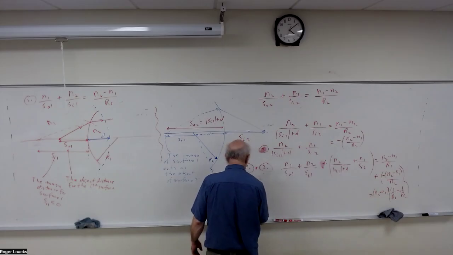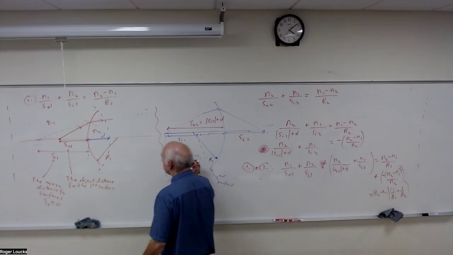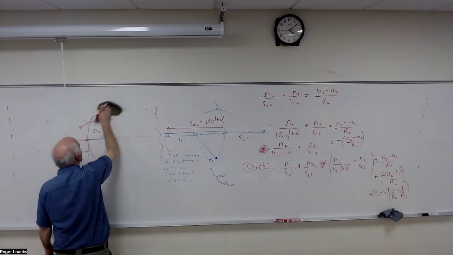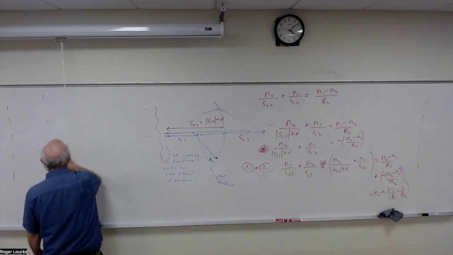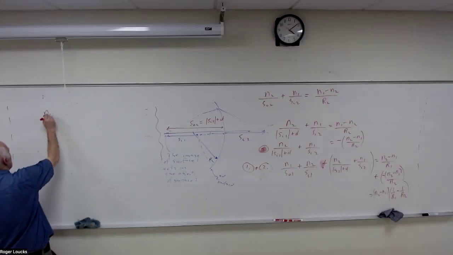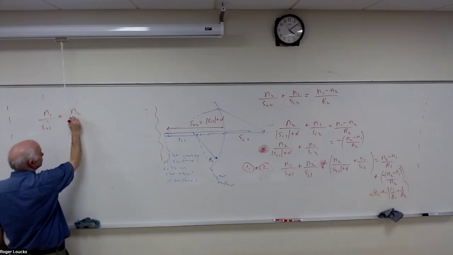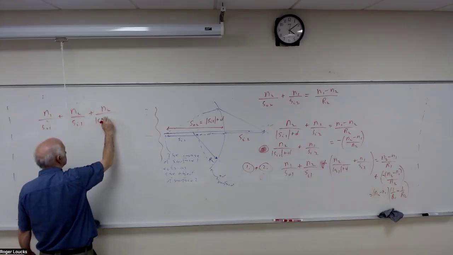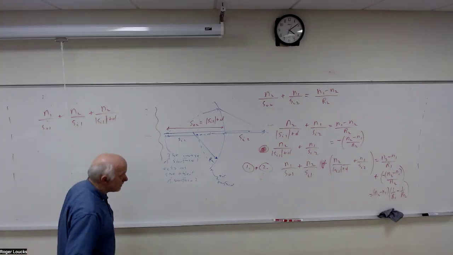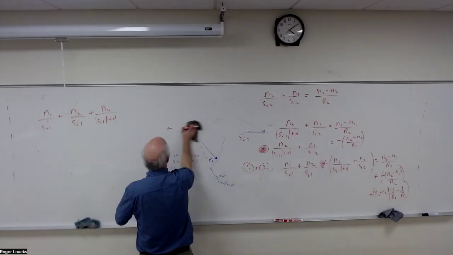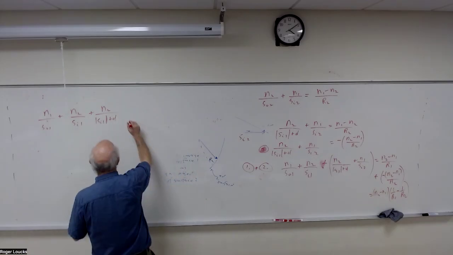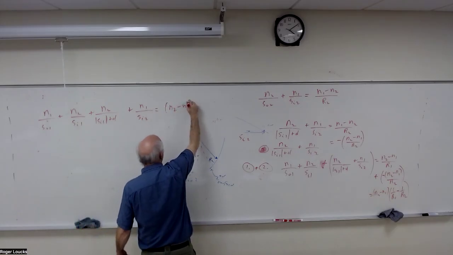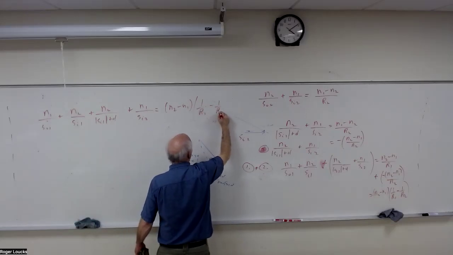This gives me N1 over SO1 plus N2 over SI1 plus N2 over SI1 D plus N1 over SI2 equals N2 minus N1 times 1 over R1 minus 1 over R2.